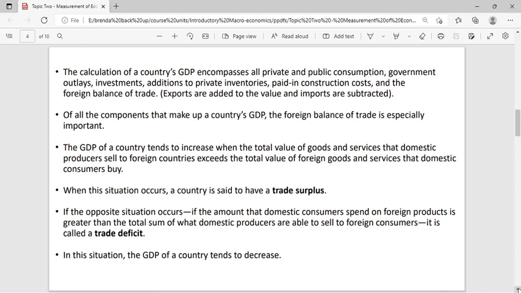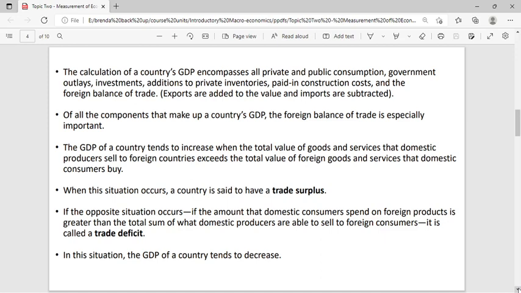Whenever we sell out, we are earning, and every time we spend on something that comes into the country, that is an outflow. So when exports are greater than imports, it means we are earning more than we spend. That is a good condition.